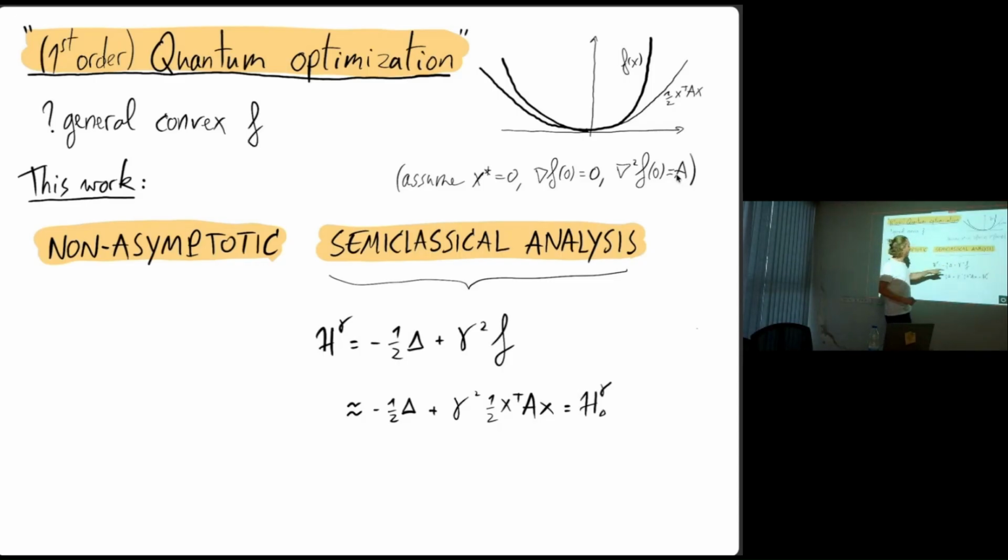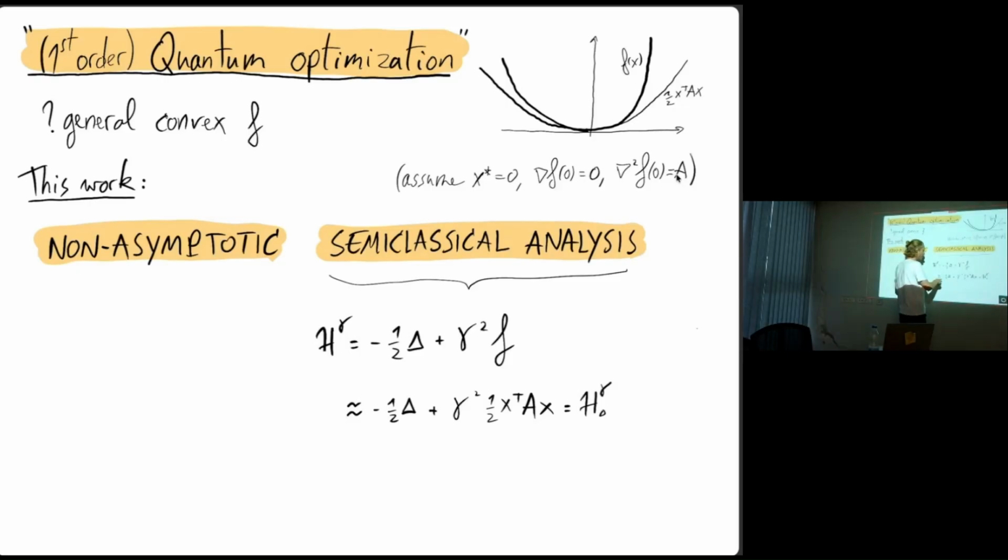Because the idea is you have these two terms. If you think about constraint satisfaction, you want to satisfy both terms equally. But if you make this one much bigger, then you have to take that one much more into account. And so your ground state will be concentrated closer and more to the minimizer as you pump up gamma.